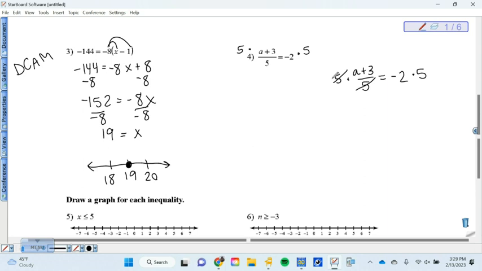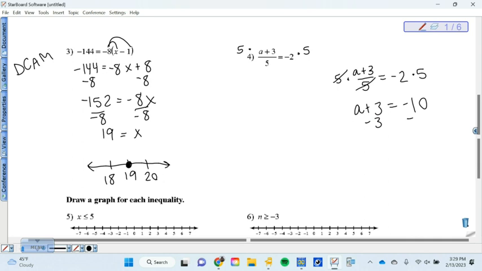I'm still seeing people want to do 5 times a and then 5 times 3. We don't need to do that. Those 5s just canceled out. That's why we multiplied by the 5. So now I have a plus 3 equals negative 2 times 5, which is negative 10. And then what do?